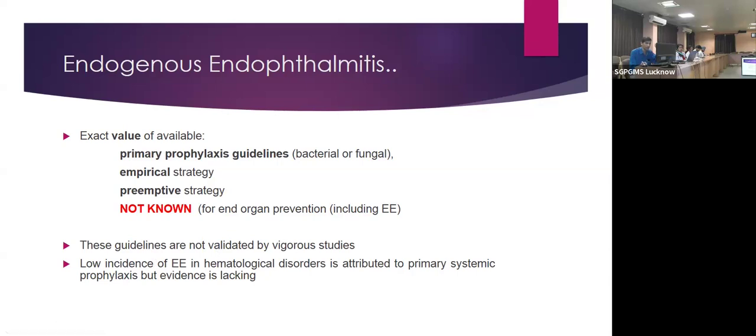So the value of this prophylaxis treatment, empirical treatment, preemptive treatment is not known as far as end organ prevention, including endogenous endophthalmitis. These things have to be seen in the future, what is coming out.